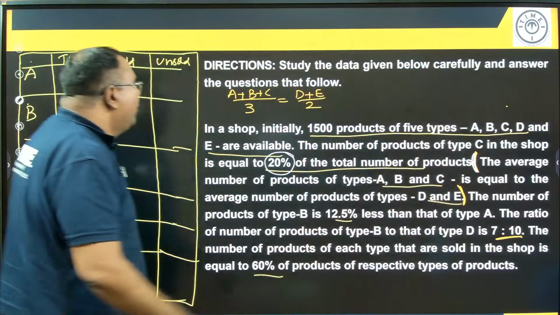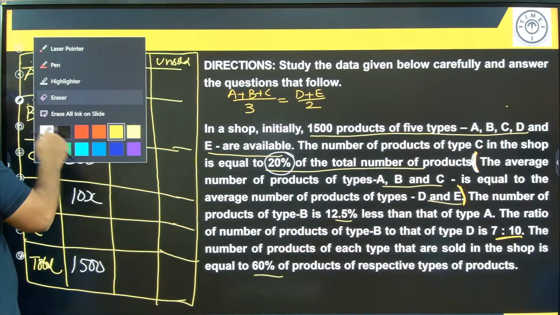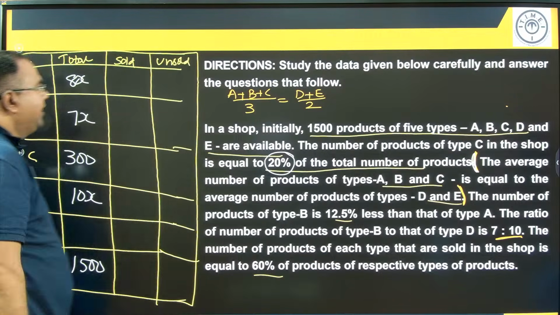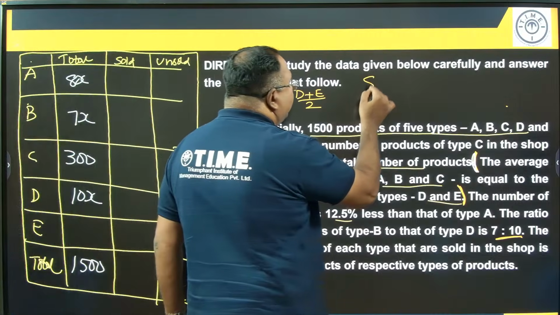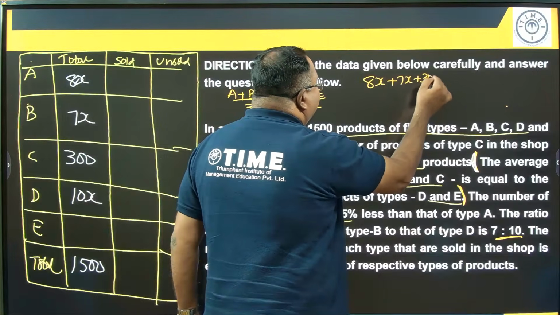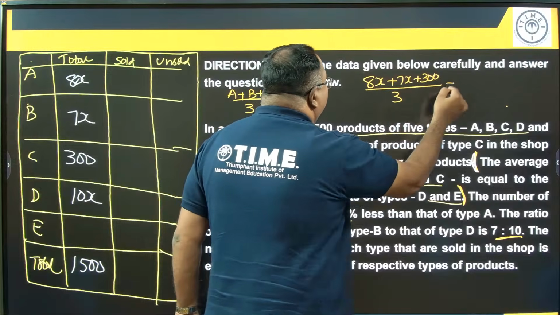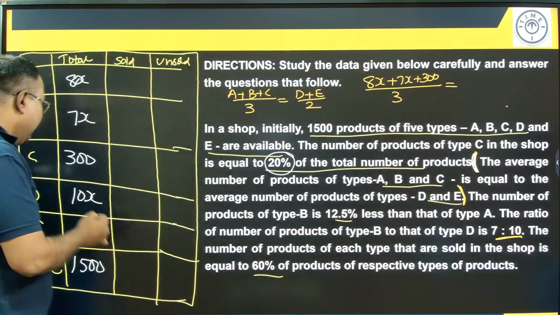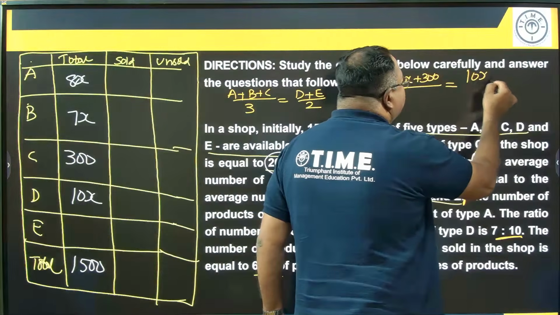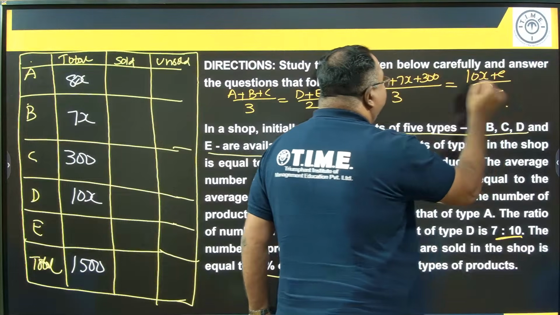Now let's see. What is average of ABC? A is 8x, B is 7x, C is 300. 8x plus 7x plus 300 by 3 is equal to, how much is D and E average? D is 10x, E we don't know. Let me keep it as E only. 10x plus E by 2.